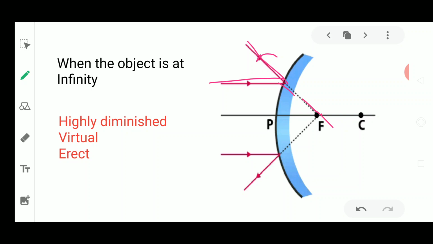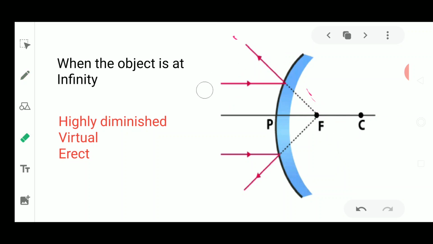As I have told you, the rule says that when a light ray is parallel to the principal axis, after reflection it appears to come from focus. Here in the case of a diverging mirror, it is diverged actually, but it appears to go from focus when it is extended backwards.